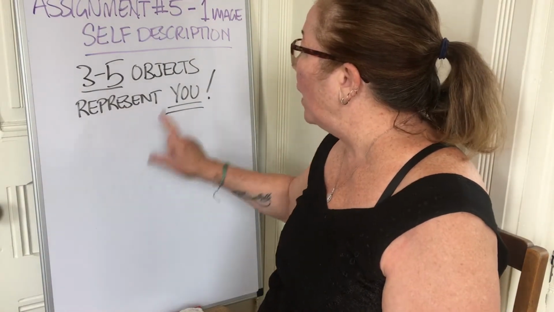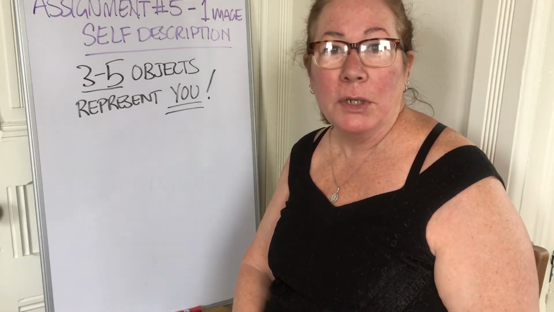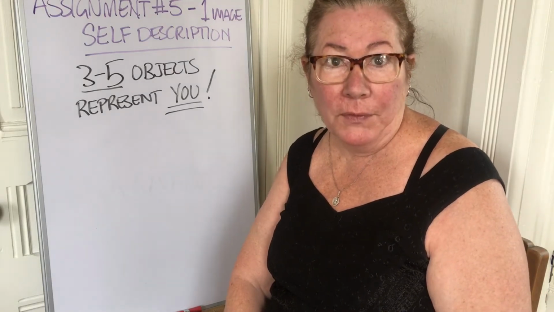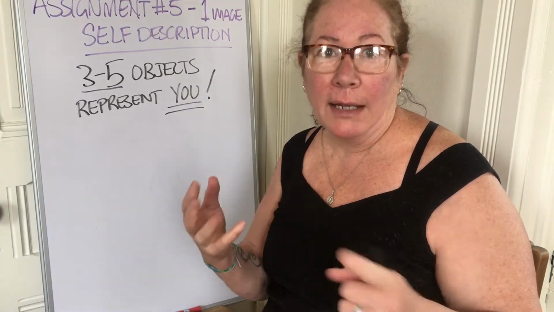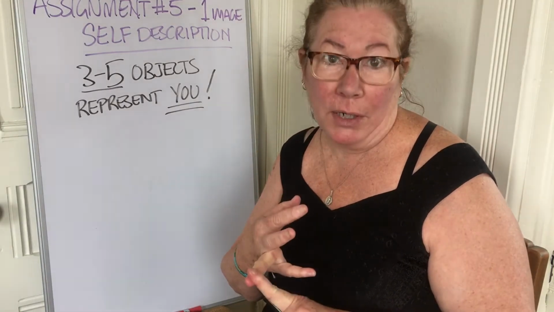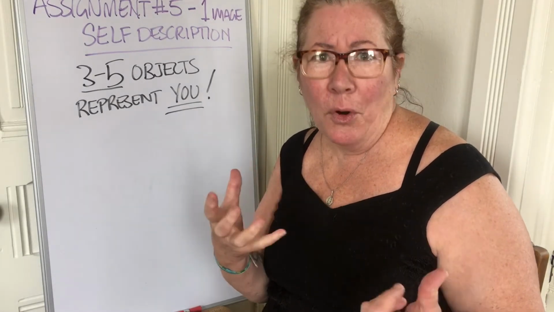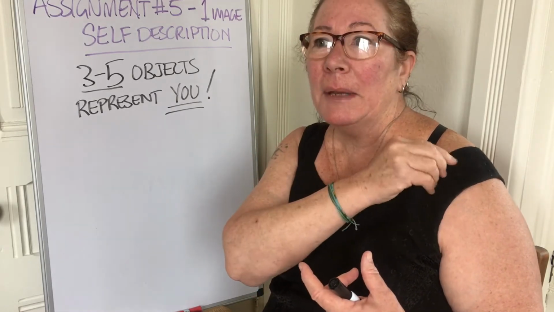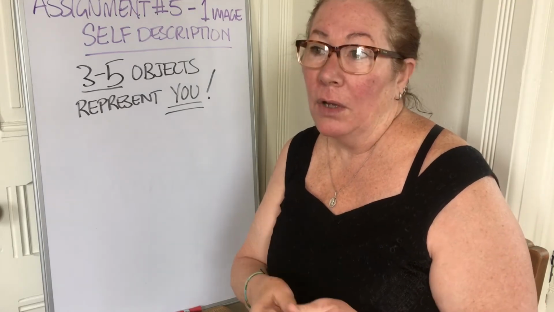Right, so 3 to 5 objects that represent you. So choose carefully. Think about things that you might want someone to know about you, that would describe you and maybe even your personality. Do you like to dance? Do you like sports? If you like sports, which kind? Do you play a sport? And if you do play multiple sports, what's the most important one to you? Okay, so you're going to be careful to choose things that really represent you.